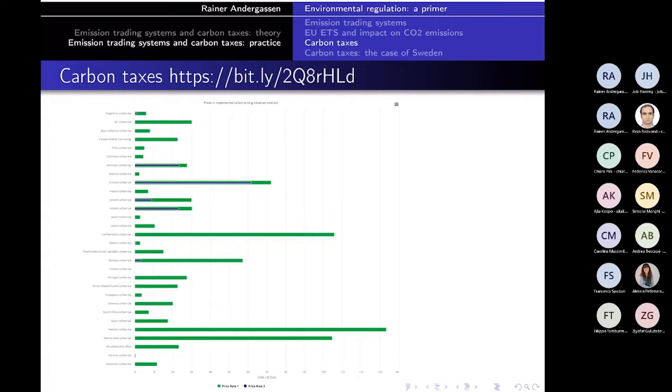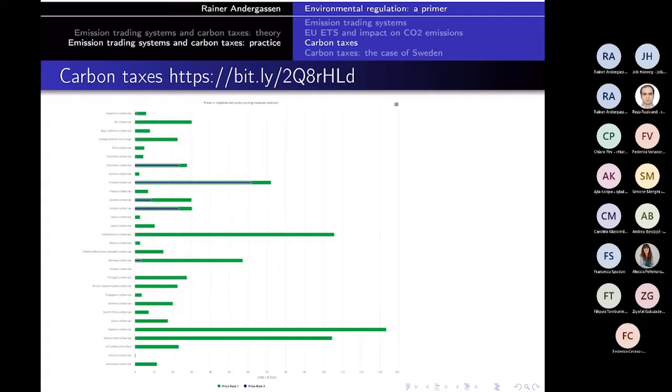Well, there are different types, mainly on different types of fuels, and what you can see is there is a great heterogeneity. This is Sweden here. So Sweden has very large taxes and also started very early, as I'm going to discuss right now.